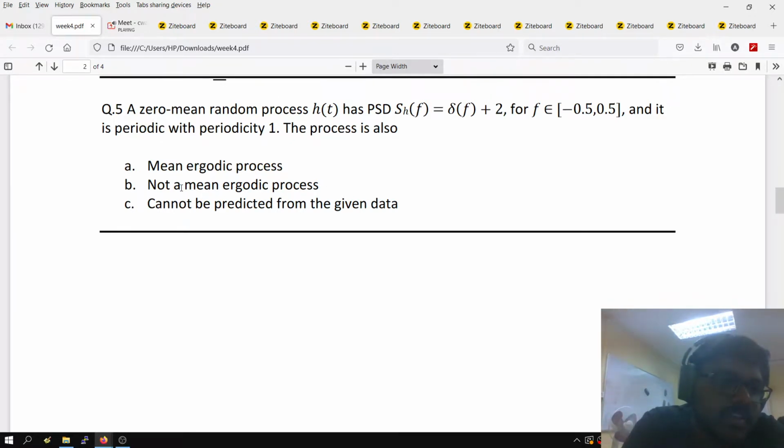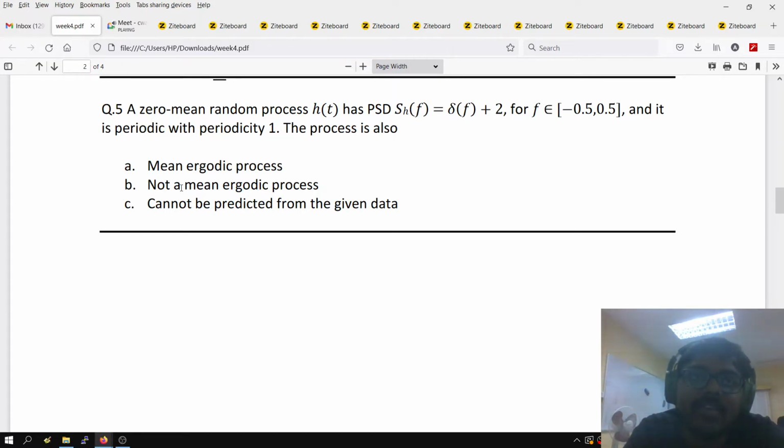And to prove something that is ergodic, you have to think about time average should be equal to ensemble average, I think. But here that is zero mean, in the sense that random process has zero mean in time average. But sample average from PSD, as far as I know, I cannot comment. I can derive the autocorrelation function as far as I can go, and from autocorrelation function I cannot comment on what is the mean.